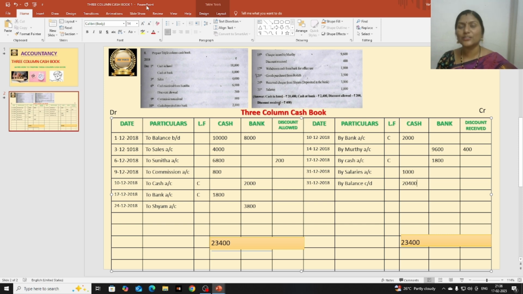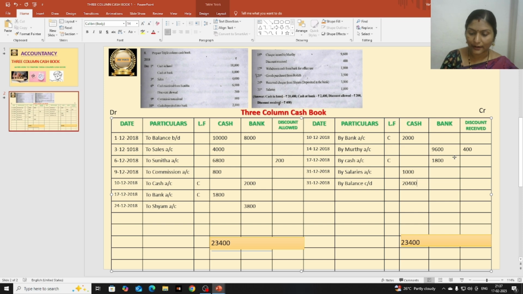Now let us balance the bank column also in the same way. For the bank column, the debit side total is how much? On the debit side bank column we have 8,000 plus 2,000 plus 3,800. What is the total? 13,800 is the total on the debit side for the bank column. And on the credit side, how much do we have? 9,600 and 1,800. We should add these two.